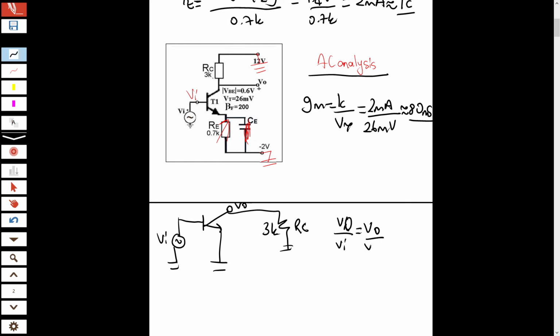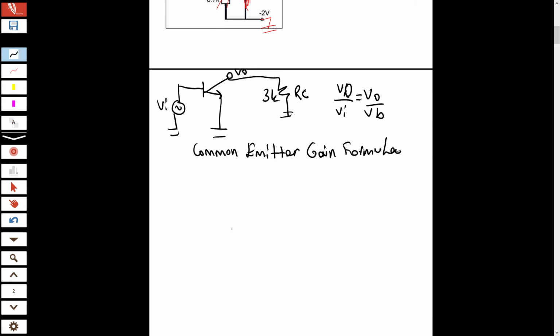V output over V base. Remember the common emitter gain formula. The common emitter gain formula was V output over V base equals minus gm RC divided by 1 plus gm RE. Okay, this is the general case.